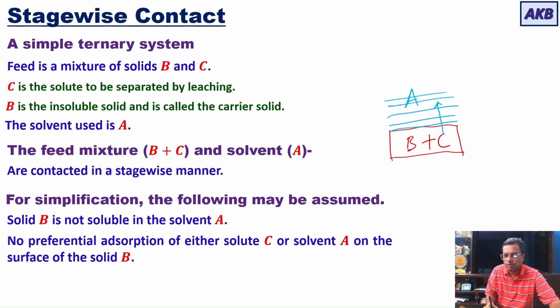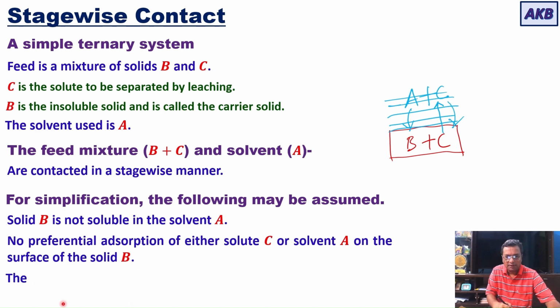The solute C gets dissolved in the solvent and ultimately you get a solution of A and C. Now when the solution of A and C is in contact with the solid phase, there is a possibility that A will get preferentially adsorbed on the solid or C may get preferentially adsorbed on the surface of the solid. But for simplicity, we can assume that there is no preferential adsorption of either solute C or solvent A on the surface of solid B.